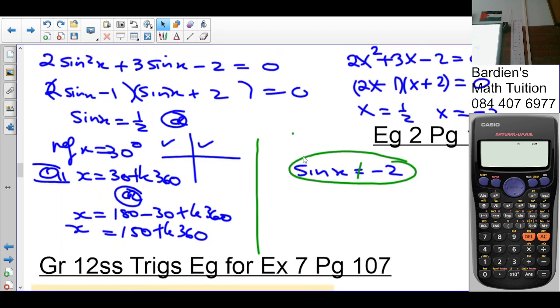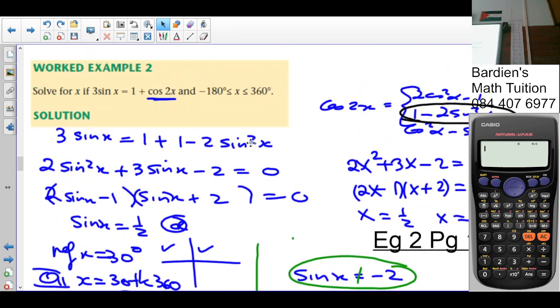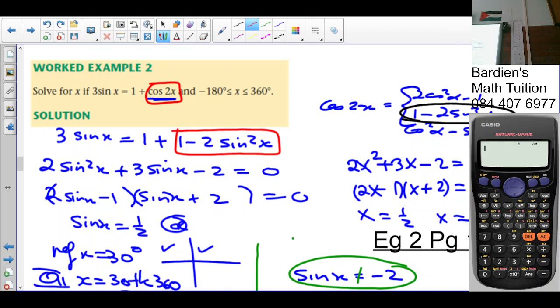So basically, the only grade 12 step in this case is the first one. Once you have got that sorted out, the rest is all grade 11 work. Can you see that?